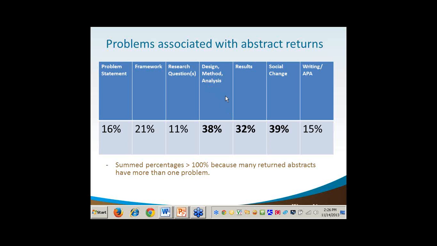So that's followed by the design, method, and analysis. Results are quite difficult. And then followed by the theoretical or conceptual framework, and then these other domains of writing the problem statement or just general writing and APA errors. And I've written here that some percentages are over 100% because many returned abstracts have more than one problem. It's actually pretty common.